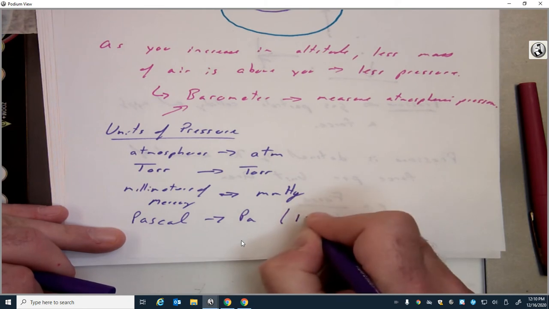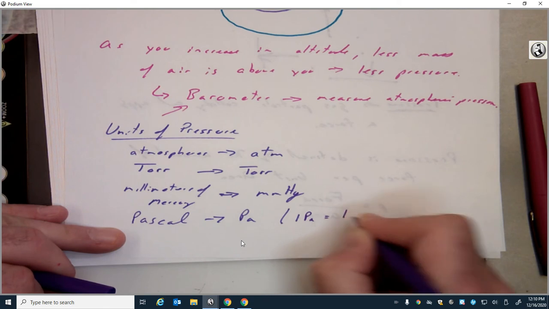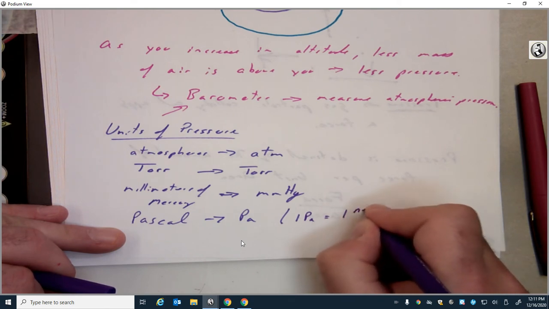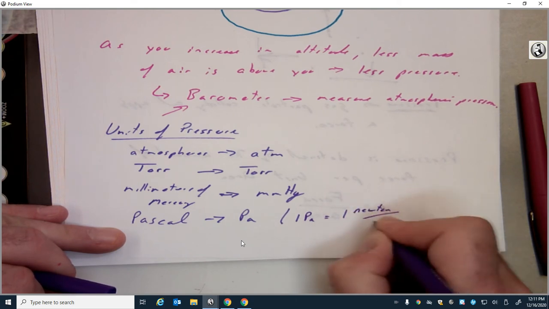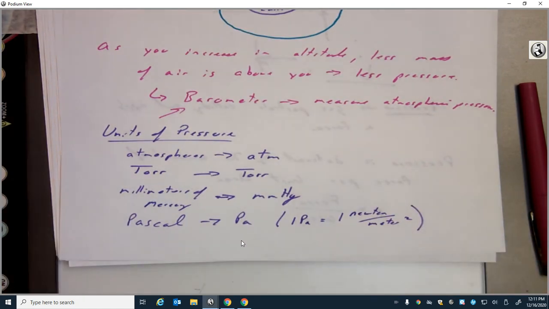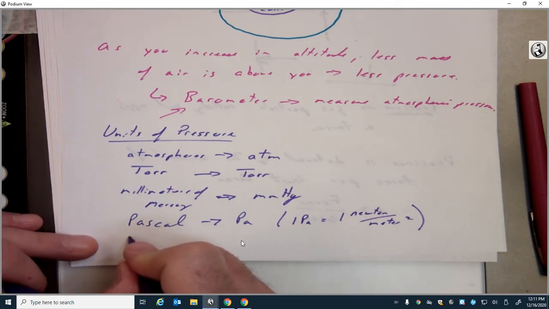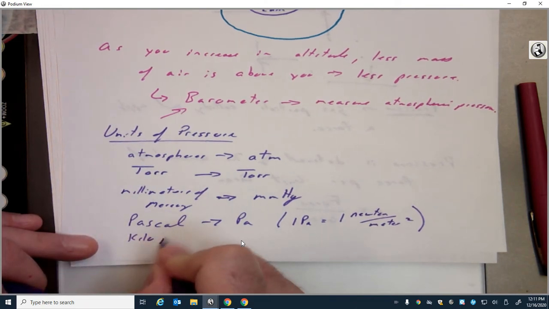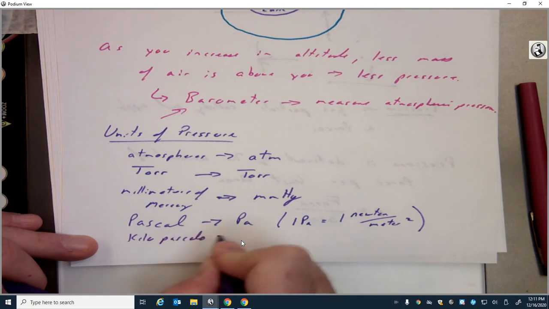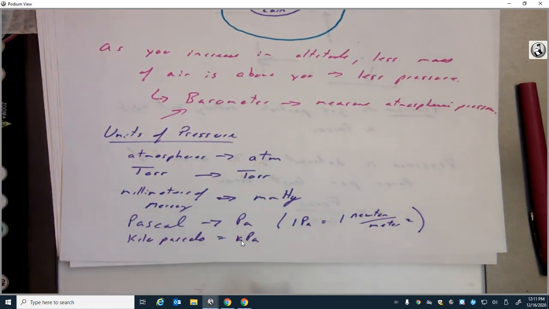One Pascal is equal to one Newton per meter squared. We'll use kilopascals, which is kPa. It's really the same unit, except we're adding this kilo to it.